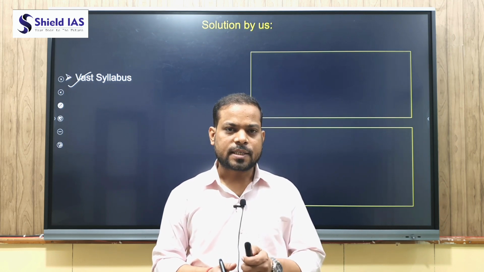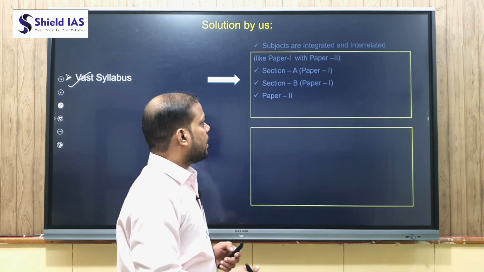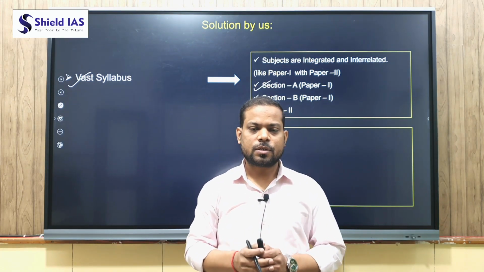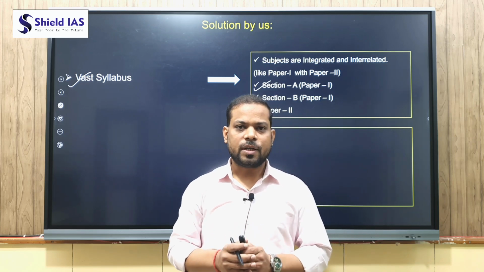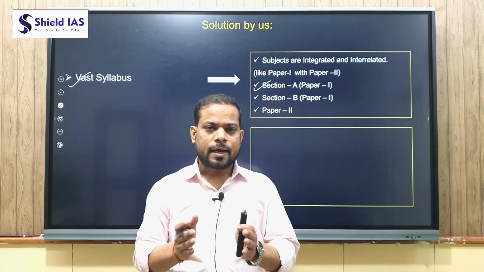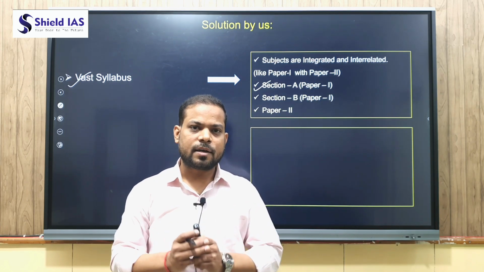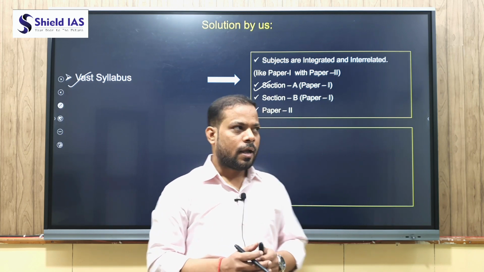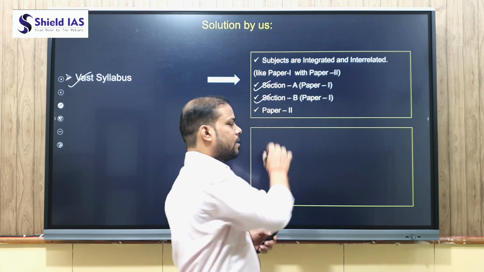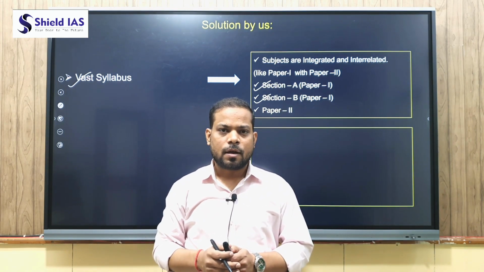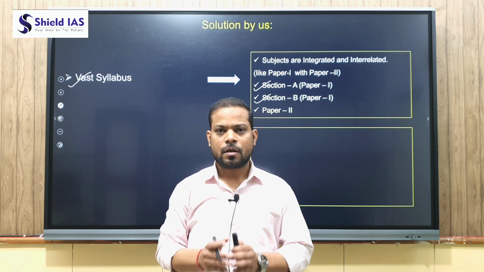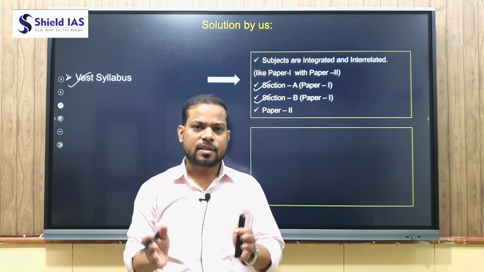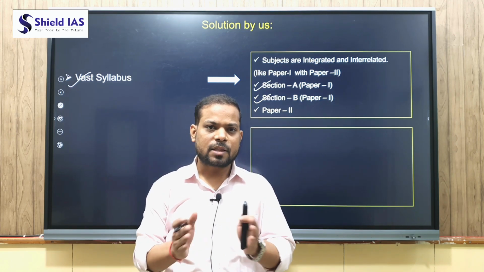For example, section A of paper 1 is the theory and concept part, like geomorphology, climatology, oceanography, biogeography, environmental geography, and in geomorphology we have fundamentals of geomagnetism, isostasy, slope development, etc. And section B of paper 1 is again theory and concept, like perspectives of human geography, economic geography, population and settlement, regional planning, models and theories, etc., like the Malthusian theory and Marxist theory.